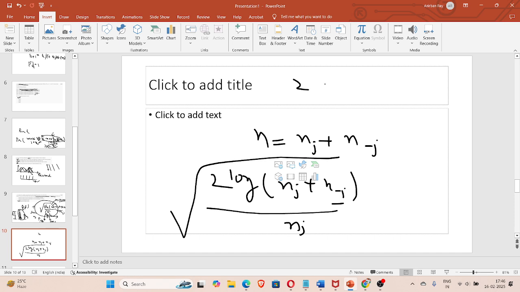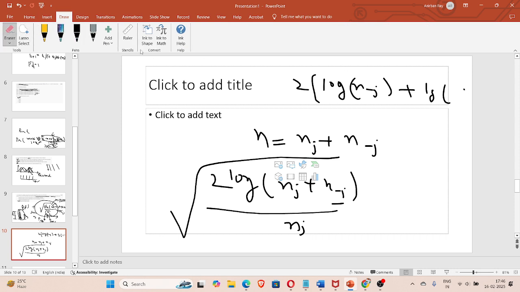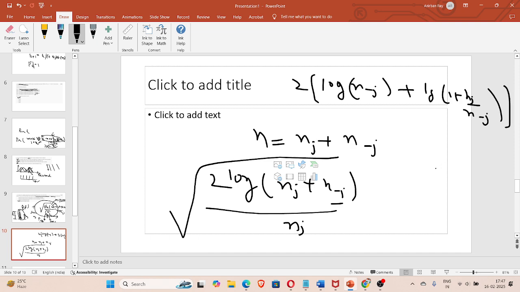If we take common 2 log n minus j, and by some rule this will come as log of nj by n minus j, plus 1.